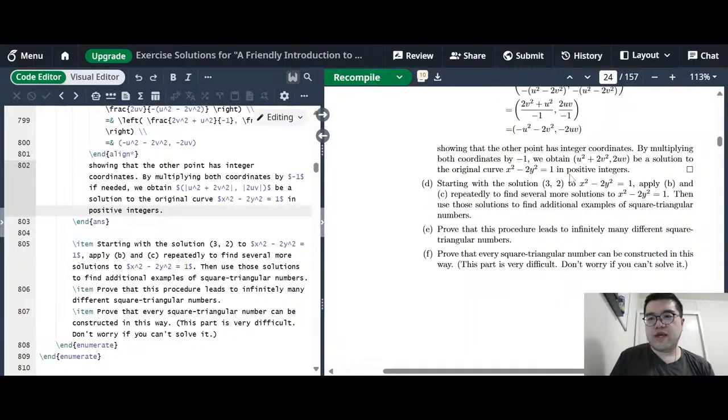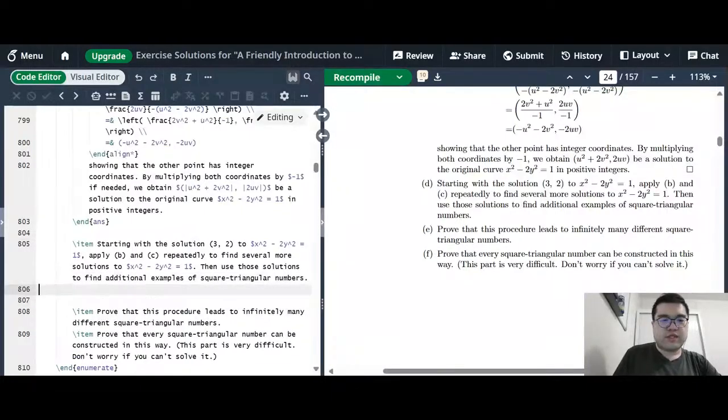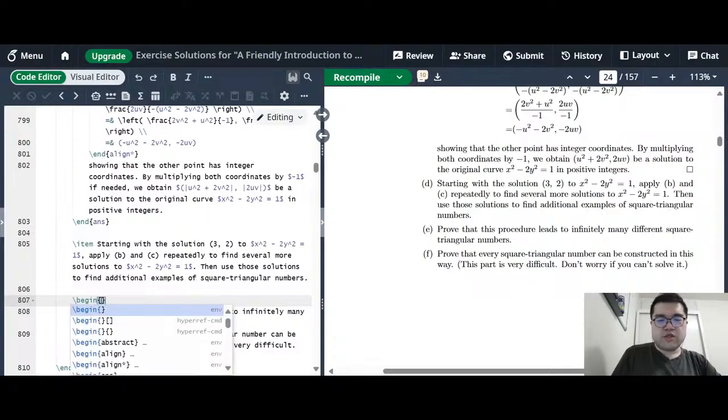If we use this result, for example, we already chose u and v to be equal to 1, such that the x coordinate is 3 and the y coordinate is 2. So let's make 3 or 4 more. Well, let's try to make 3 more then. So here are our solutions.